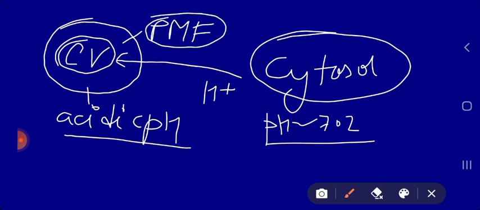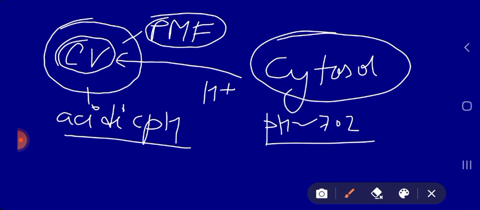Now what is a proton motive force? It is the force created due to an electrical potential gradient, with cations, for example protons, the H plus ions, or anions also responsible for this type of electrostatic force.